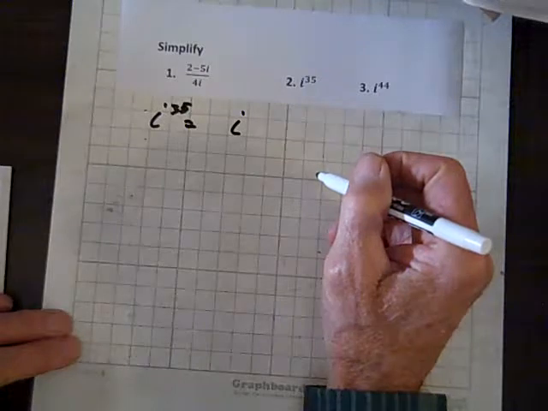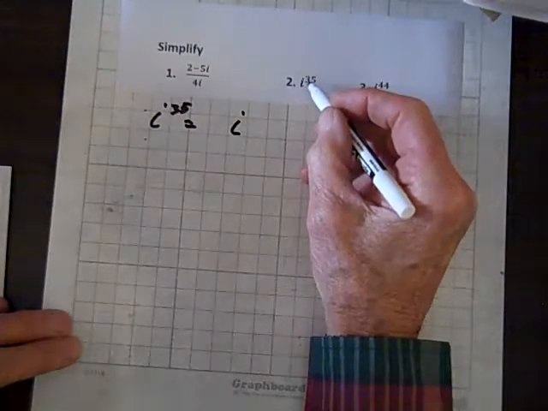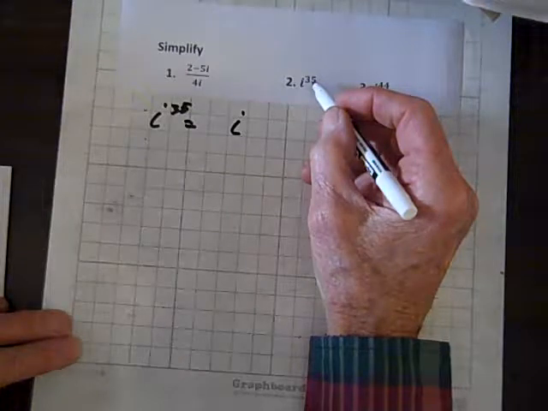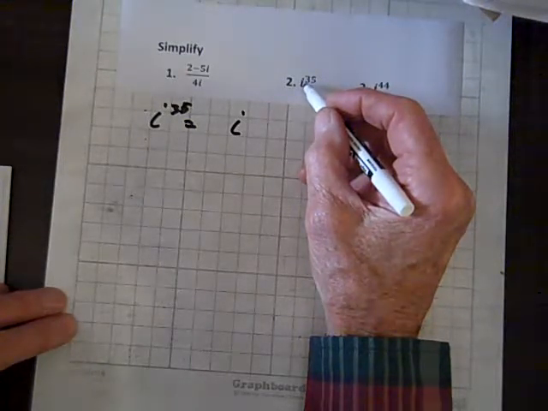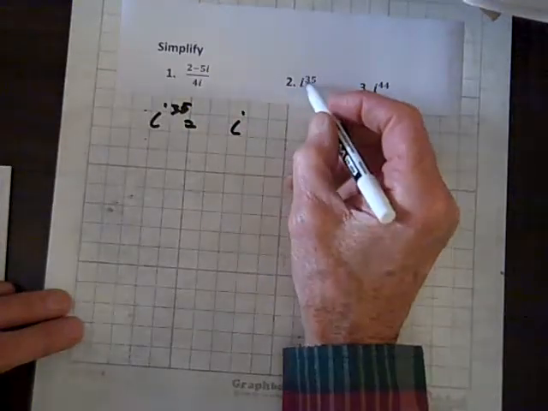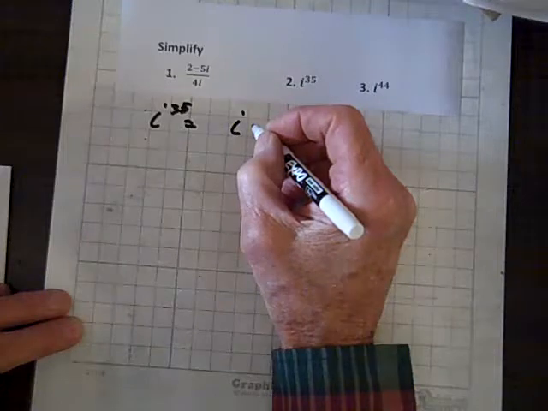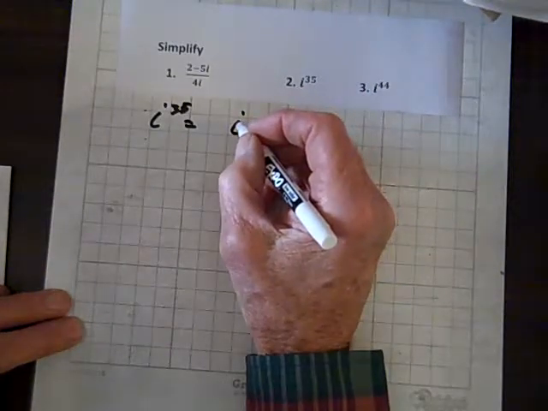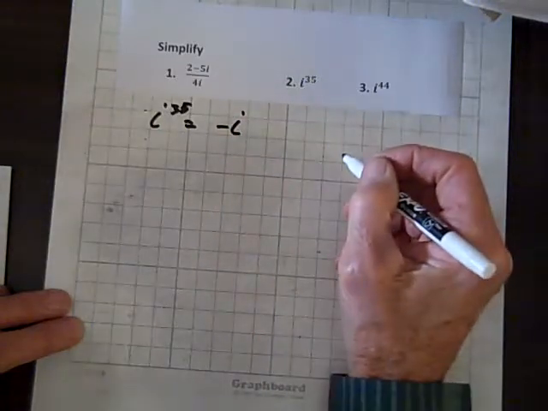Then the next question is, is 35 1 more than a multiple of 4? Well, 34 is the number before 35, and 34 is not a multiple of 4. Then this is going to be -i.